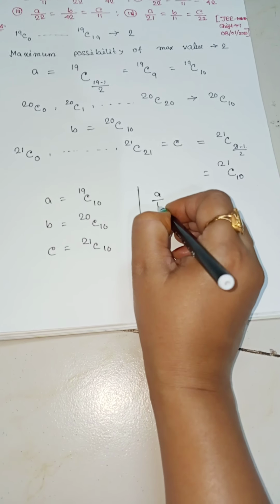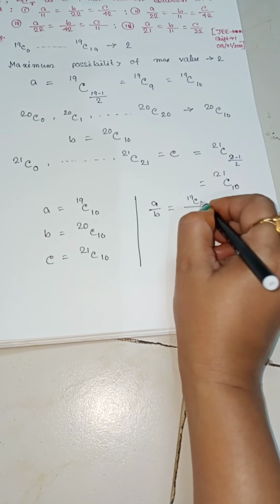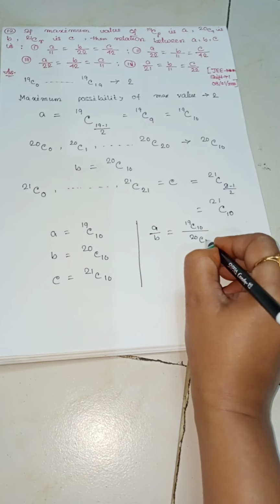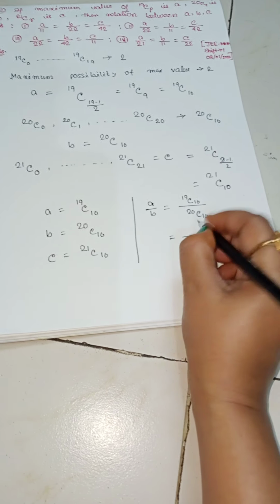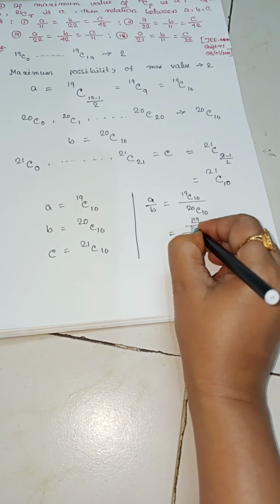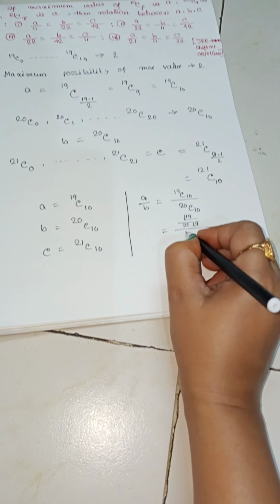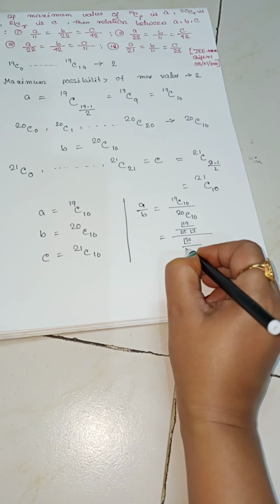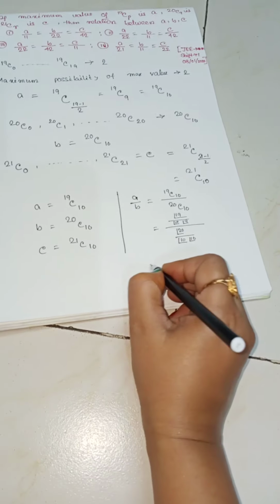A by B is equal to 19C10 divided by 20C10. Solving this, we get factorial 19 divided by factorial 10 into factorial 9, and the denominator becomes factorial 20 divided by factorial 10 into factorial 10.